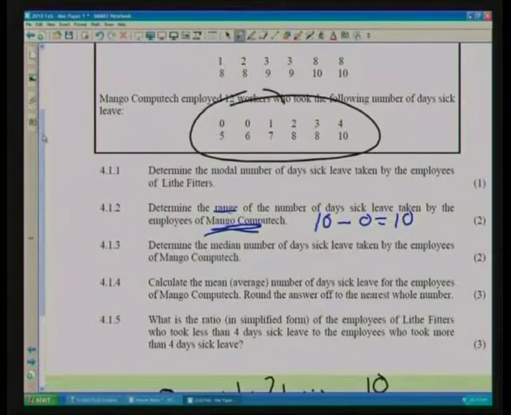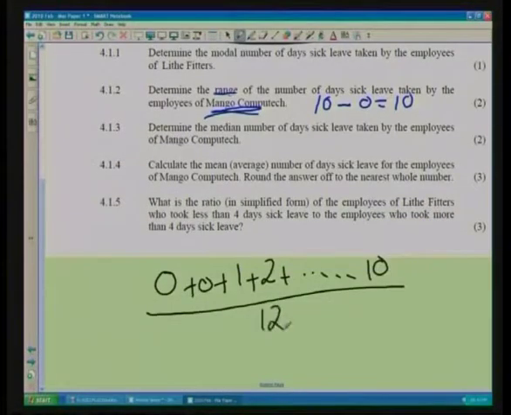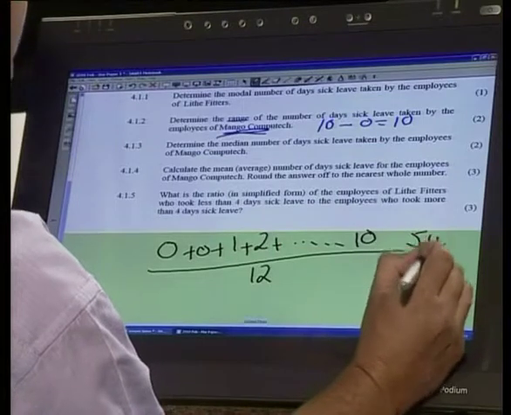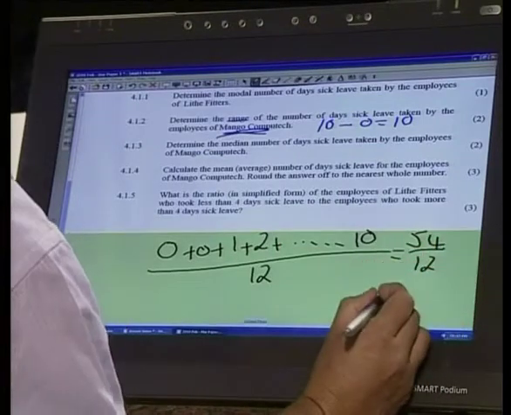How many employees do I have? 12 employees. So we're going to say, right, let's divide that by 12. We're going to add up the figures, and we're going to get an answer, and we're going to divide that then by 12. Now, I've cheated a little bit, and I've done this before, and I know that all that's going to add up to 54 divided by 12.